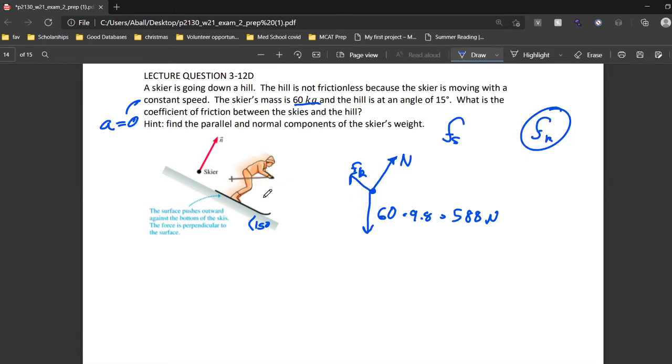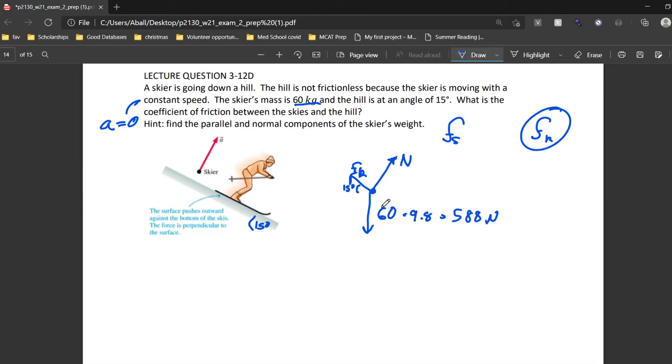Okay, so if we look at this slope here, and we look at our free body diagram, we see that this angle here is 15 degrees because the slope is 15 degrees and the frictional force is in line with the slope. So we can adjust this free body diagram. We can rotate it a little to make it easier to parse.